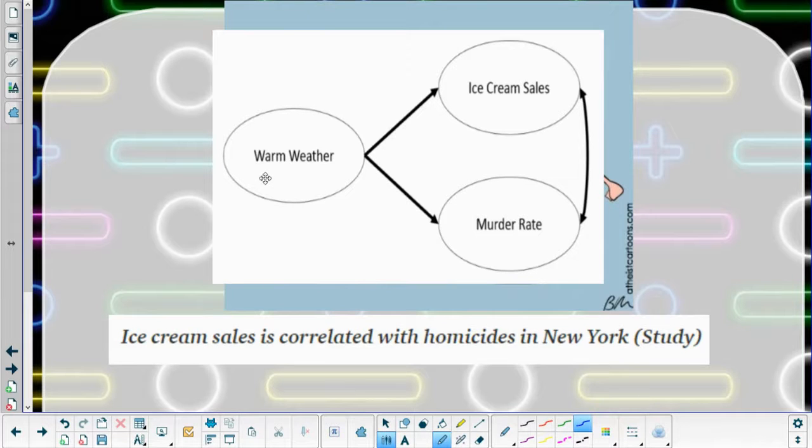When the weather is warm, ice cream sales increase. When the weather is warm, more people are out and about, and the study showed that the murder rate was higher. So the warm weather is correlated to those things, but that doesn't mean these two things are correlated to each other. Ice cream sales don't cause murder, and murder rates don't cause ice cream sales. So correlation and causation can be very different.